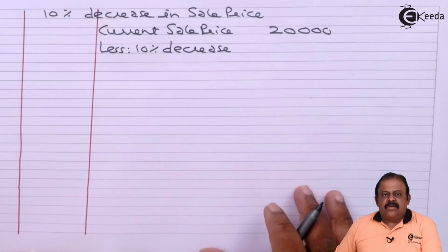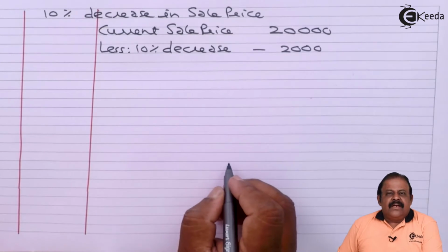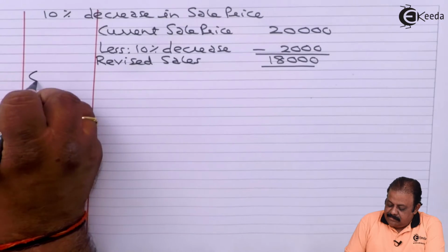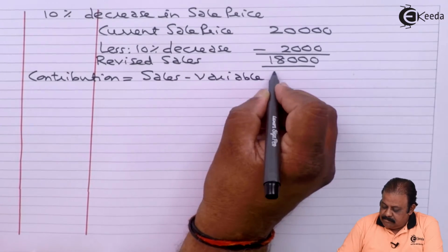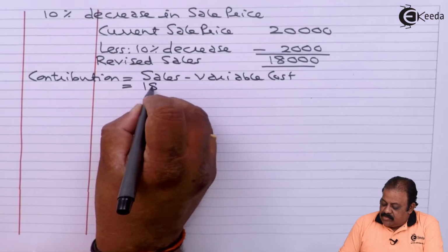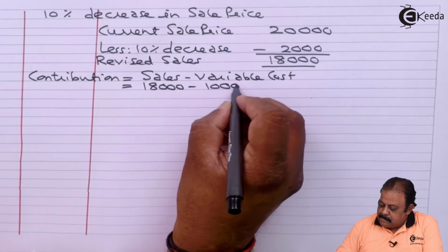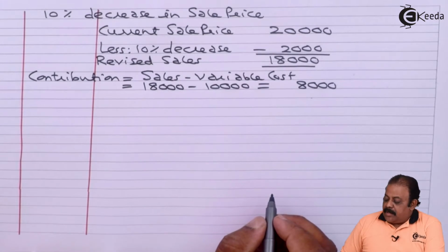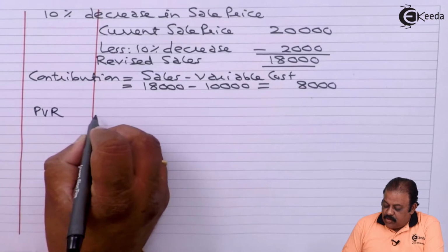Current sale price is 20,000, 10% decrease, that is 2,000. So revised sales is rupees 18,000. We can have revised contribution, sales revised 18,000, variable cost there is no change, it is 10,000. So revised contribution is 8,000. Let us calculate PV ratio.